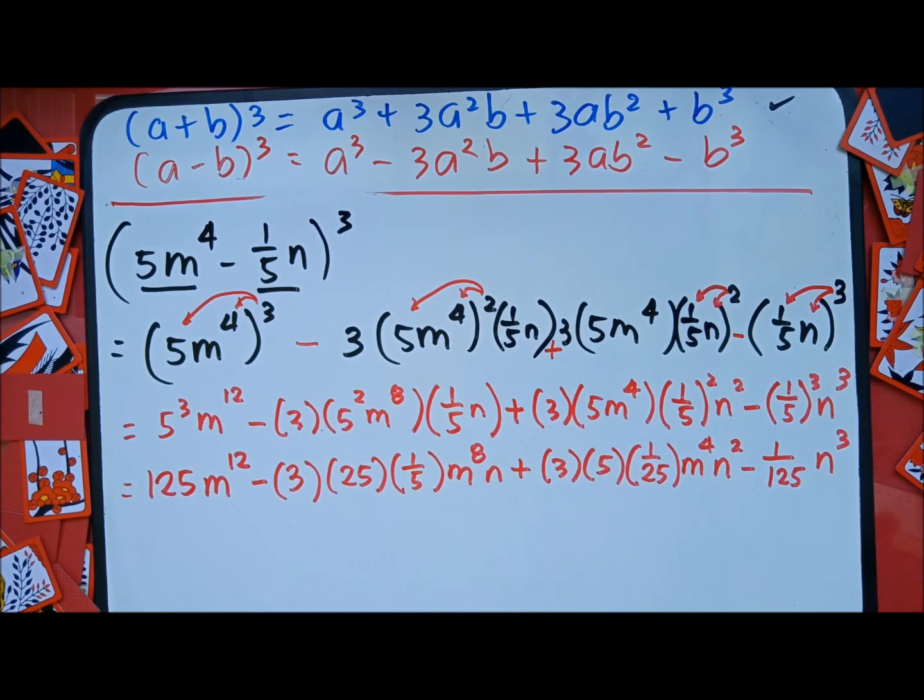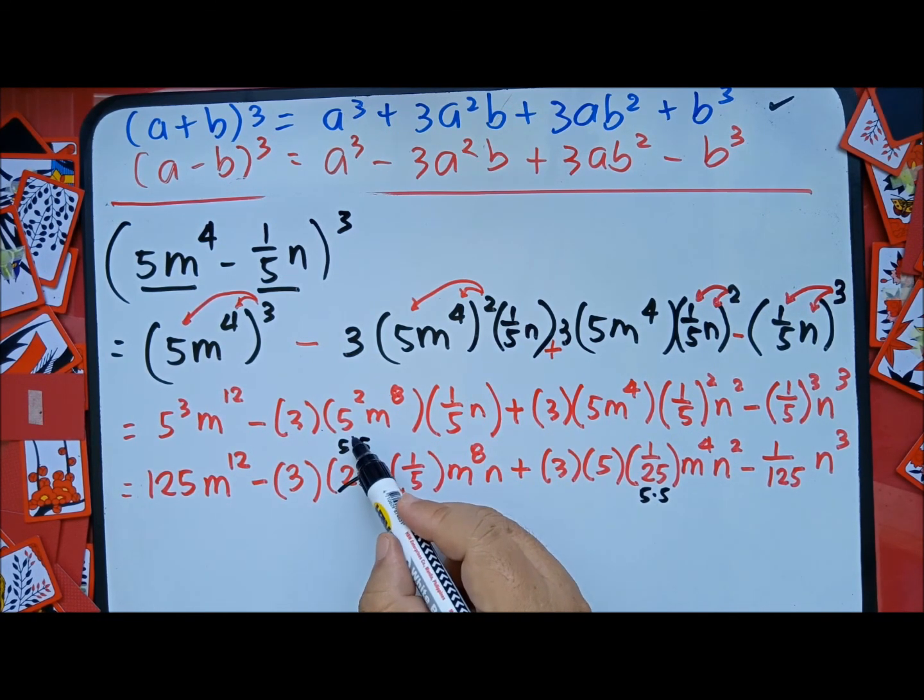So what will we do with this? 25 is equal to 5 times 5, so 5 divided by 5.